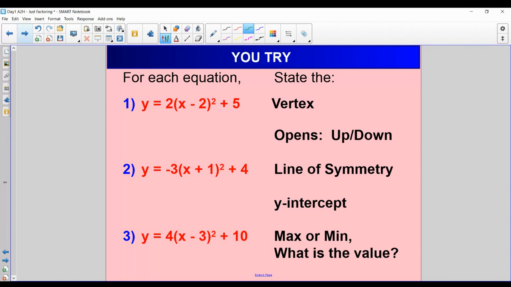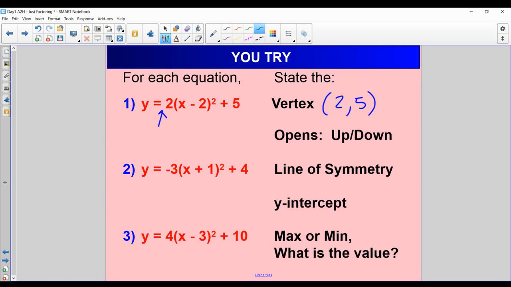If I look at this, I would pause for just a second and do each of these to make sure you are remembering. I'm going to go on and give you the answers. So if I'm looking at this, the vertex is 2, 5.